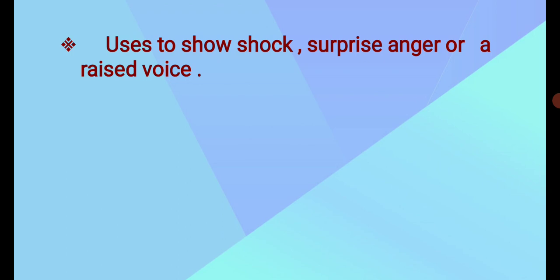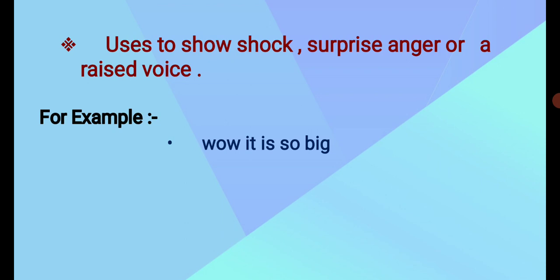It is used to show shock, surprise, anger, or a raised voice. It means when you are angry, surprised, or shocked, at that time, after some words, we will put an exclamation mark, and those words are called interjections.